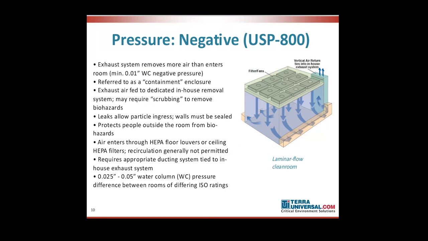Typically that will be through exhaust ducting installed near the base of the room right outside the buffer area, as you see in the illustration. And then that air will be directed typically upwards and tied to an exhaust system, which is typically roof mounted.